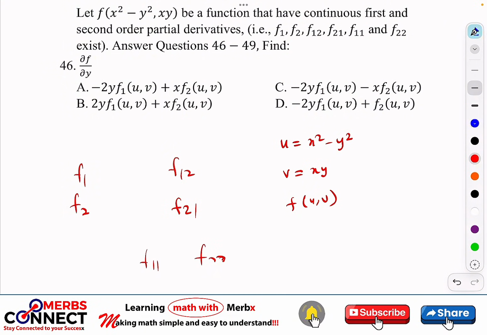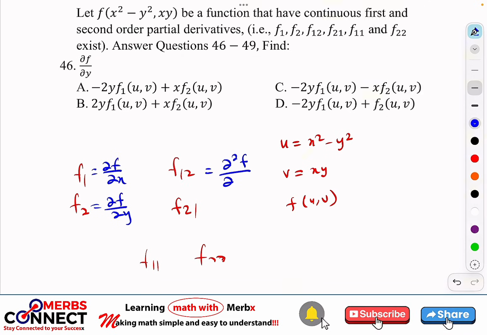Don't forget, f1 is the partial of f with respect to x, and f2 is the partial of f with respect to y. For f12, we need to differentiate first with respect to x, followed by y. For f21, we need to do y before x.